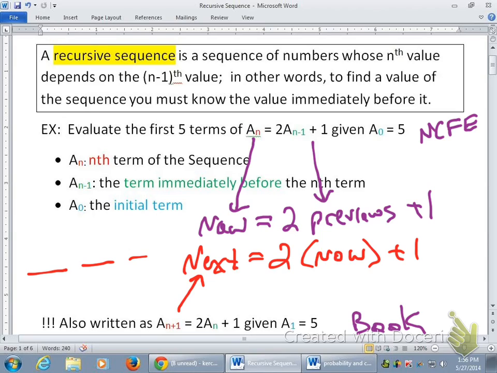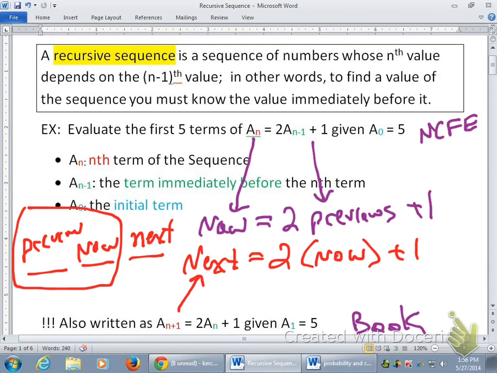It's just in 3 different parts. If here's now, and here's previous, and here's next, the purple one up top is just using these 2 numbers to make the sequence, and the red one is just using these 2 numbers to make the sequence. But it's still using 2 in a row, right? And that's the key to these recursive.